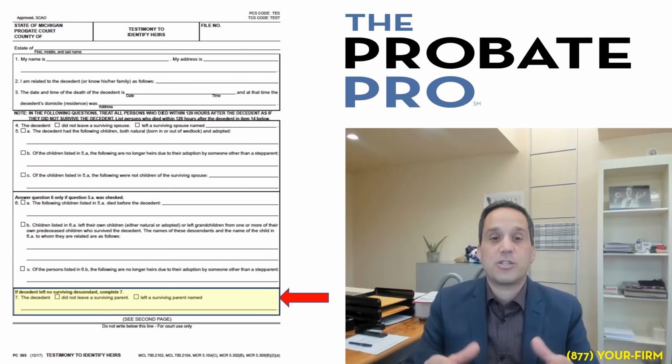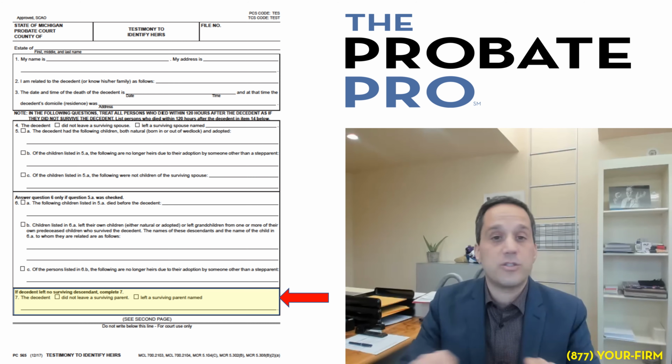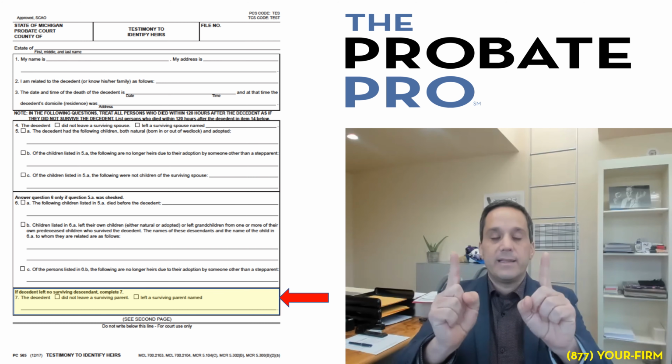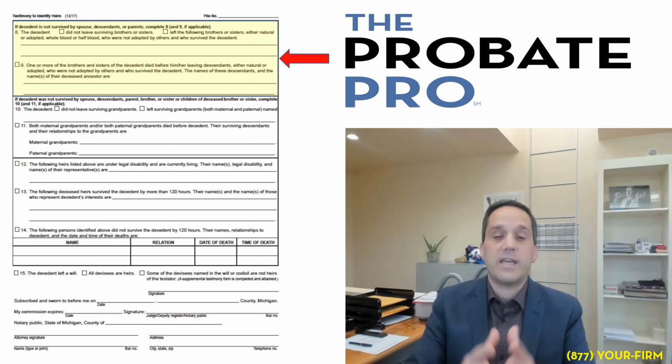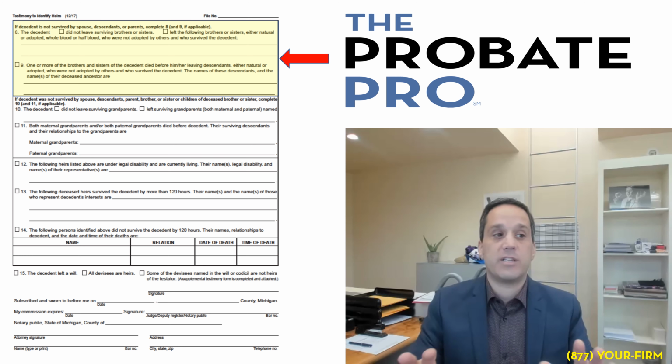Again, the next section only gets completed if there is no surviving spouse and no surviving children. Then we go up, lineal ascendants, parent or parents. On the back side of the form, we continue down this family tree description. It says at the beginning, if the decedent did not die with a spouse, descendants, or parents, then we look to surviving brothers or sisters.